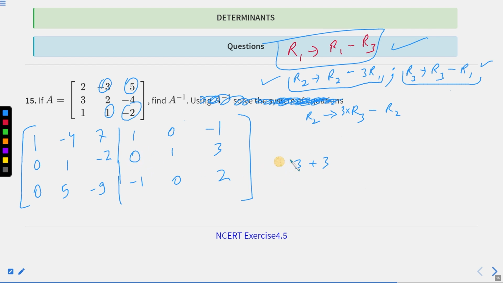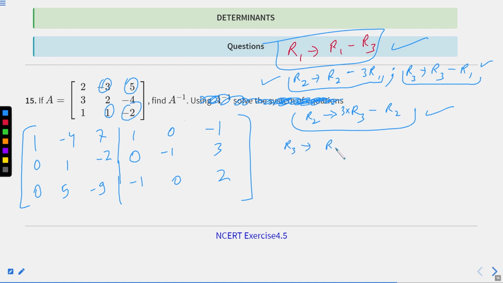Now 3 times 0 minus 1, you will have just minus 1. 6 minus 3, you will have 3. Okay, so far so good. So it is done. Now I want 1 here. Sorry, I want 0 here. How will I get it? Quite simple.